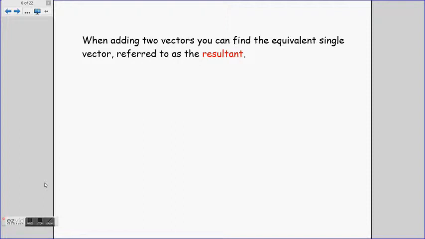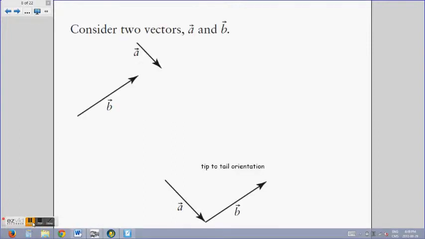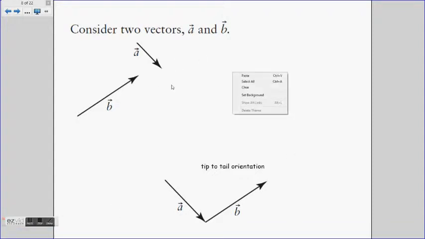So when adding two vectors, you can find the equivalent single vector, and we refer to this as the resultant vector. Well, how do we find the resultant vector? Let's consider two generic vectors, A and B, as seen in this diagram.